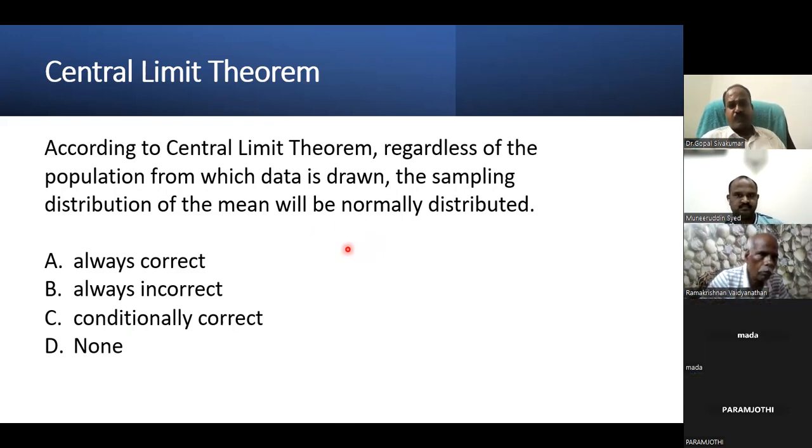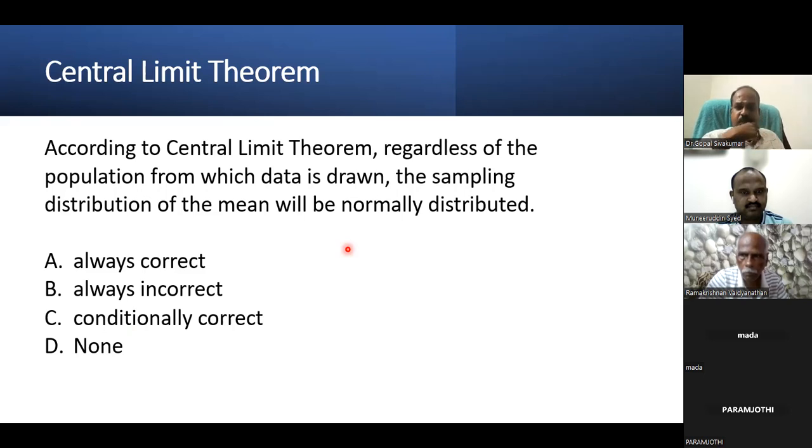Once again, what the central limit theorem is telling is that the distribution of the mean will be normal always. The only requirement is that you should have a sufficient sample size.